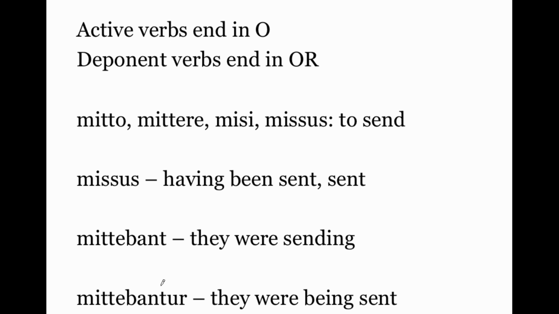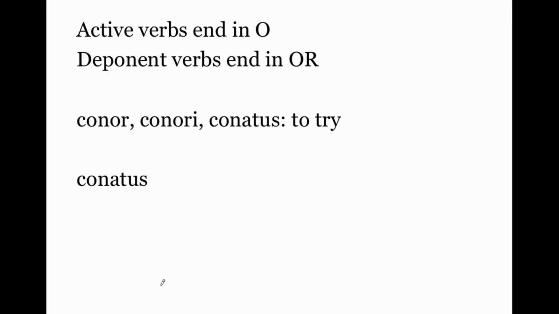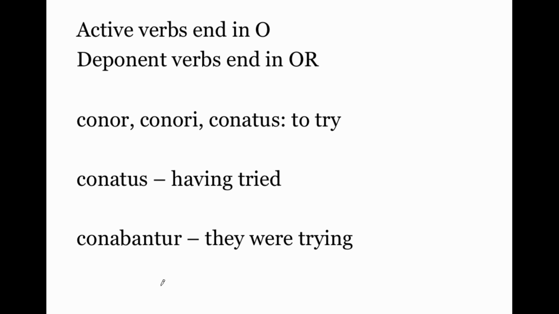That's how you make that passive. Here's another one. Conor, conari, conatus, to try. Conatus means having tried. Conabantur. Okay, so there are no active endings here, only passive endings, and you translate this actively. They were trying.